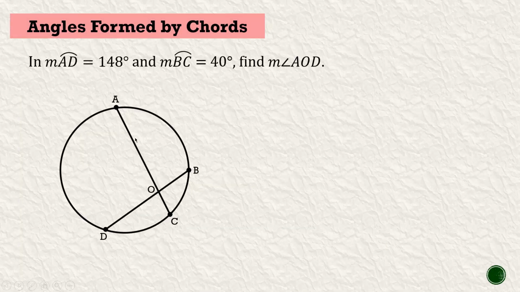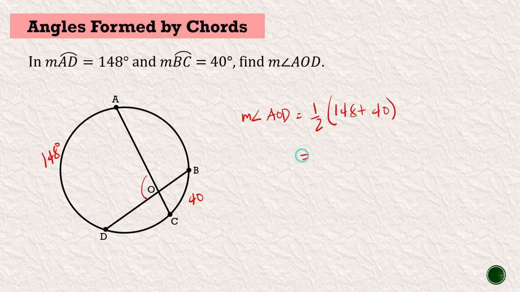Let's answer the first one. Here it says that the measurement of arc AD is 148 degrees, which is here. And then we have an arc BC, which is 40 degrees, which is right here. What we want to know is the measurement of this angle. So according to the theorem, if we want to know the measurement of the angle AOD, what we want to do is simply add 148 plus 40 and then divide that by 2.